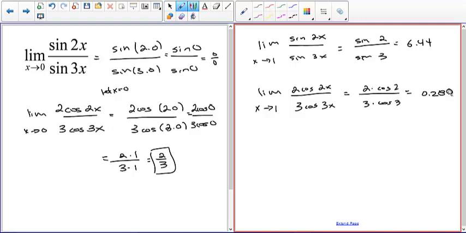So no. The question is, how do you prove L'Hopital's rule and why does it work? We'll answer that question, because I don't know the answer. But it's a good question.